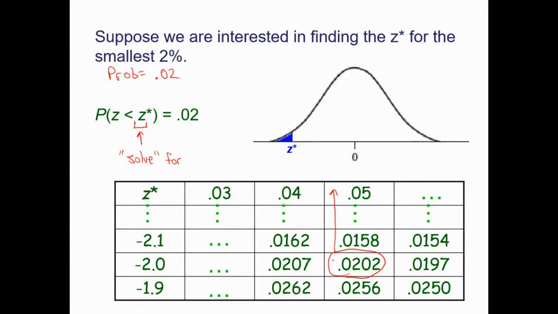What number would this make? Negative 2.05.